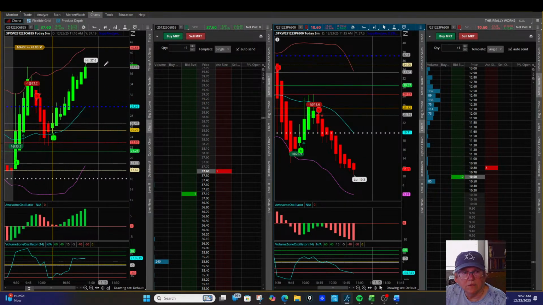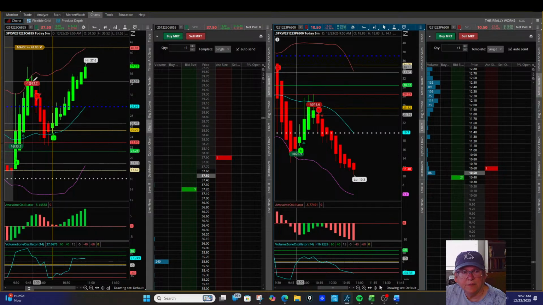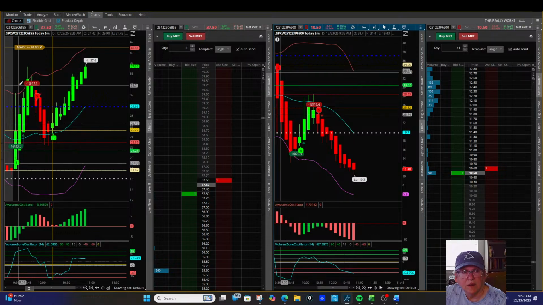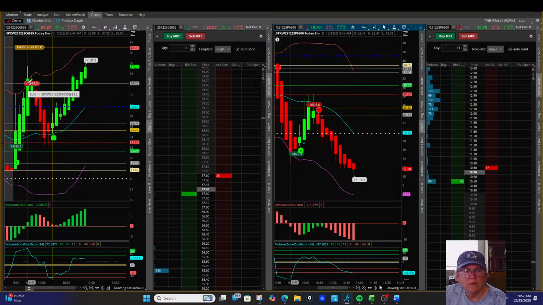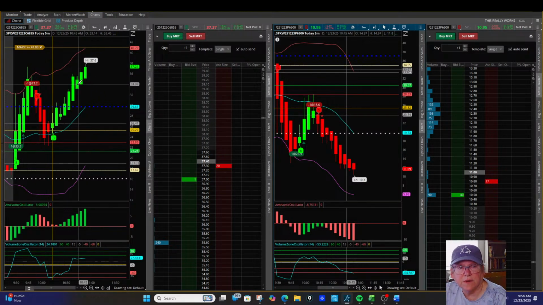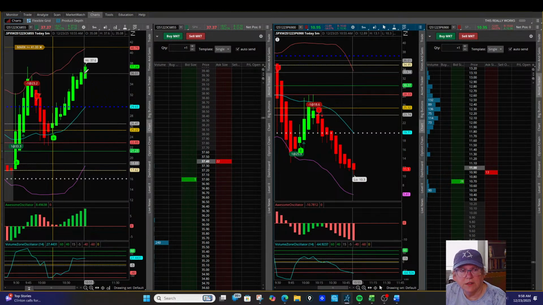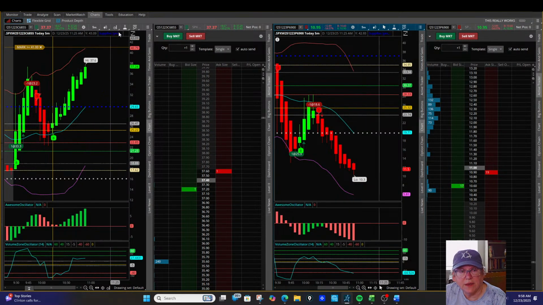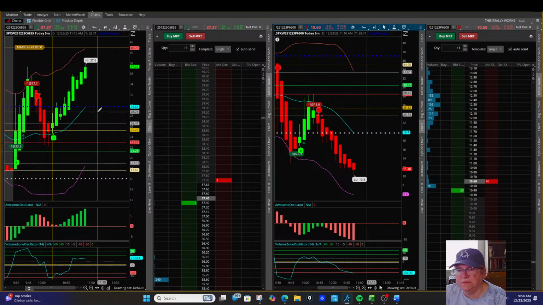Okay. We broke through at high of the day. So that's very significant. It could continue to go on up here and ride the bands, or it can drop back down.